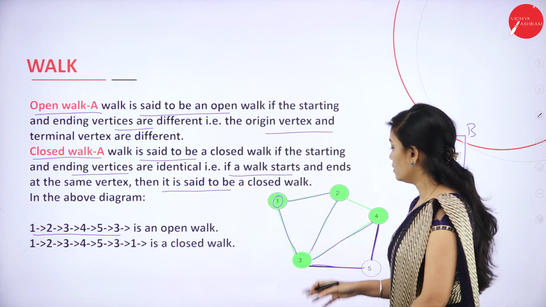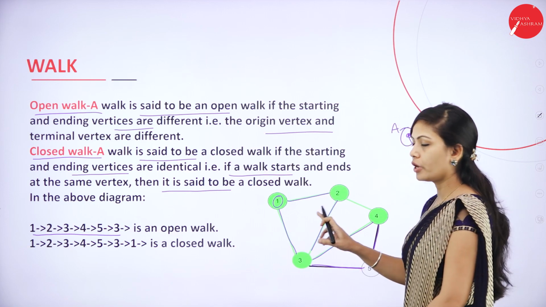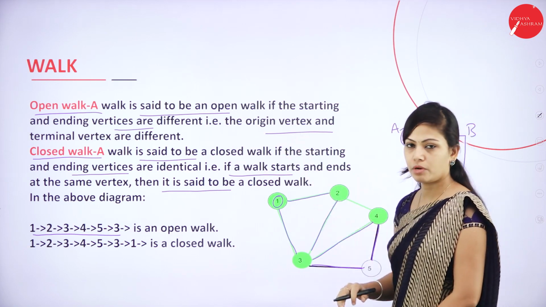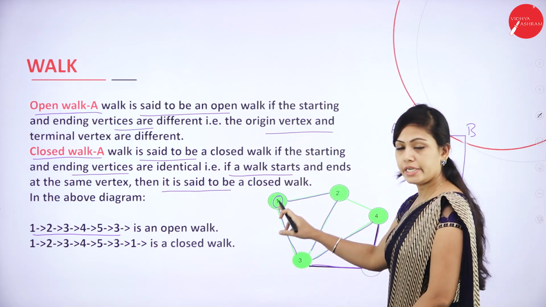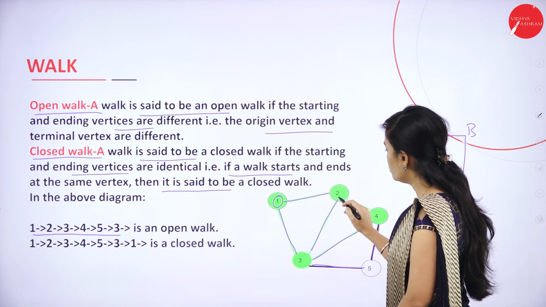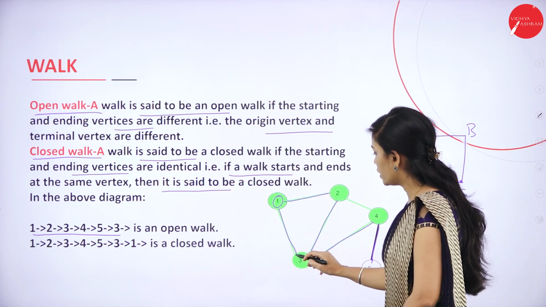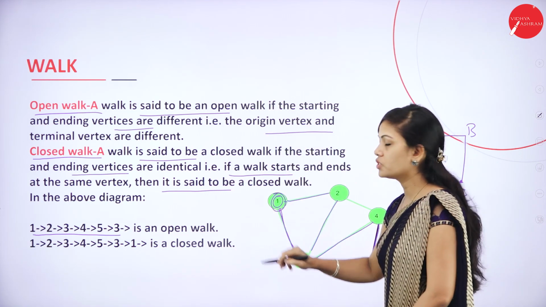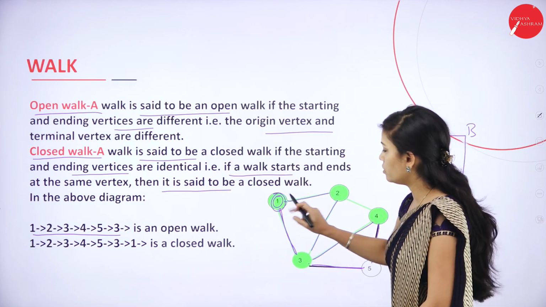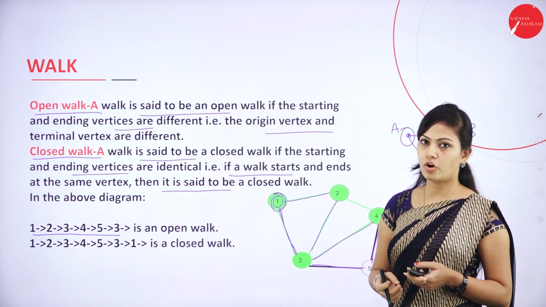It is very simple. Understand the logic. Starting point and ending point are different, means it is an open walk. Starting point and ending point are the same, means it is a closed walk. So again we reach the same starting point, vertex 1. So this is an example for closed walk.